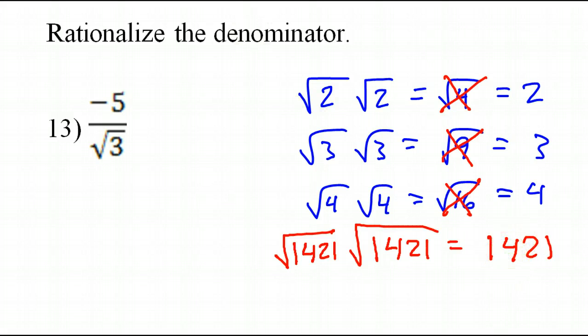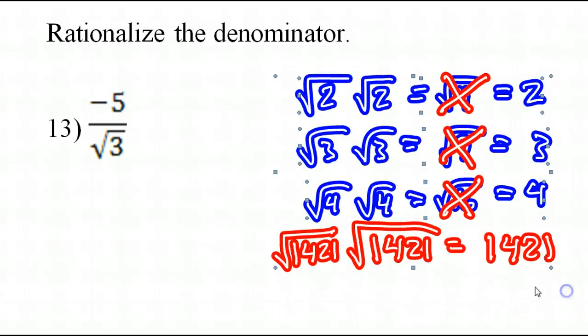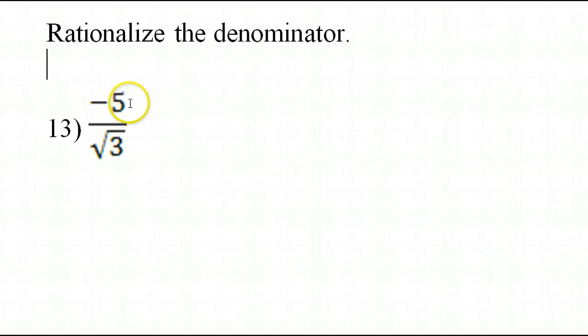So why did I just hurt your ears with that whole explanation? That is a tool that we can use, rationalizing the denominator. This is an irrational number, so rationalizing it means turning it into a rational number, no more radical. So like you just observed, if I were to multiply this by itself, there would be no more radical.